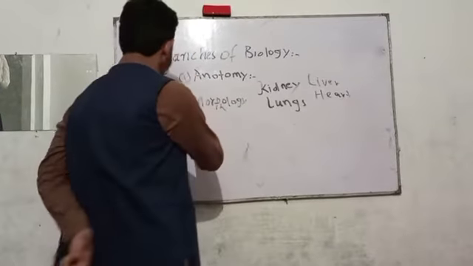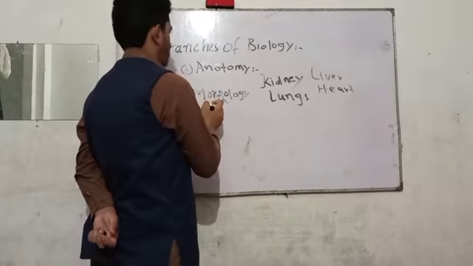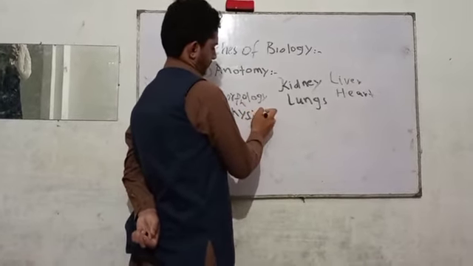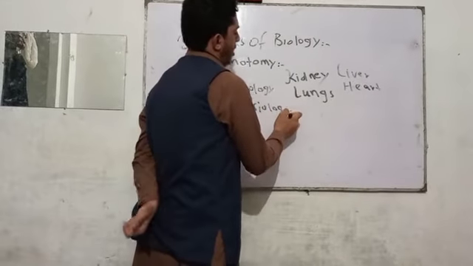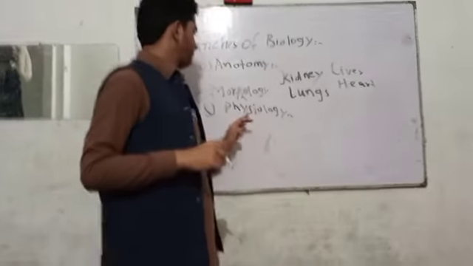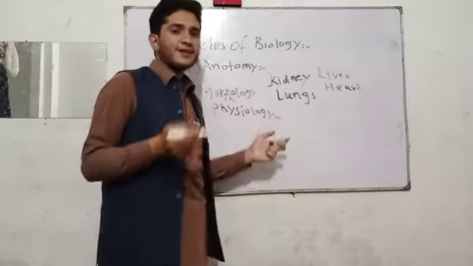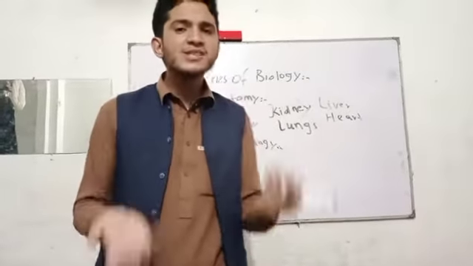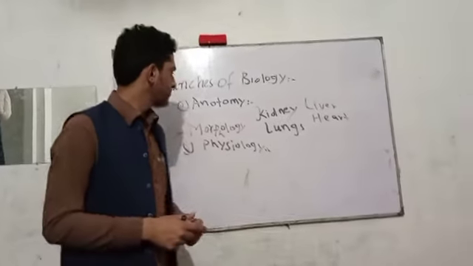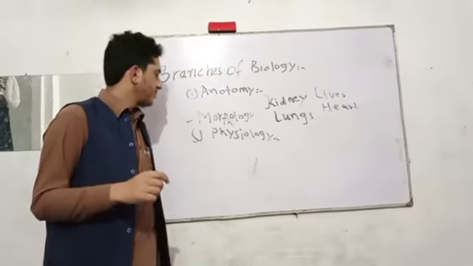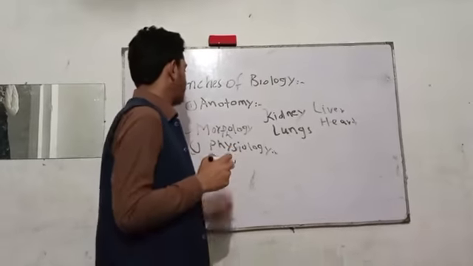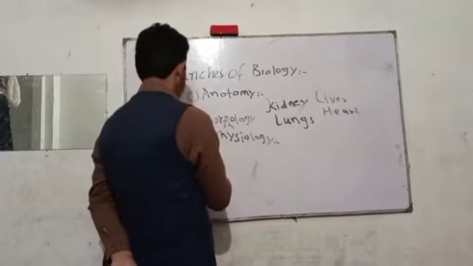Number 3, physiology. Physiology is that branch of biology which deals with the study of the normal function of living organisms. The normal function of a tissue, cell, or organ is called physiology, while its opposite is pathology.